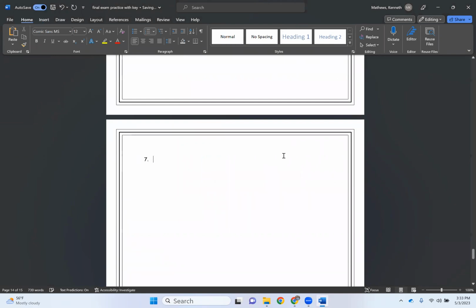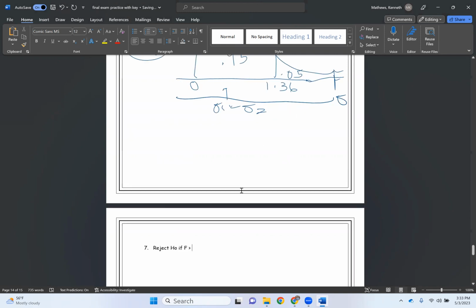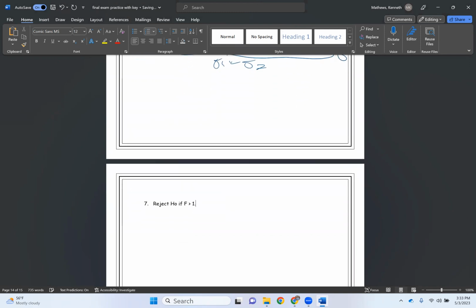Reject the null hypothesis if F is greater than 1.36. Fail to reject if F is less than 1.36.